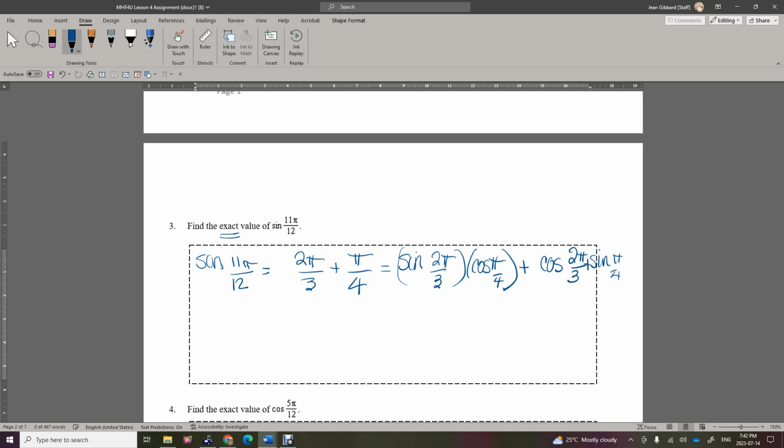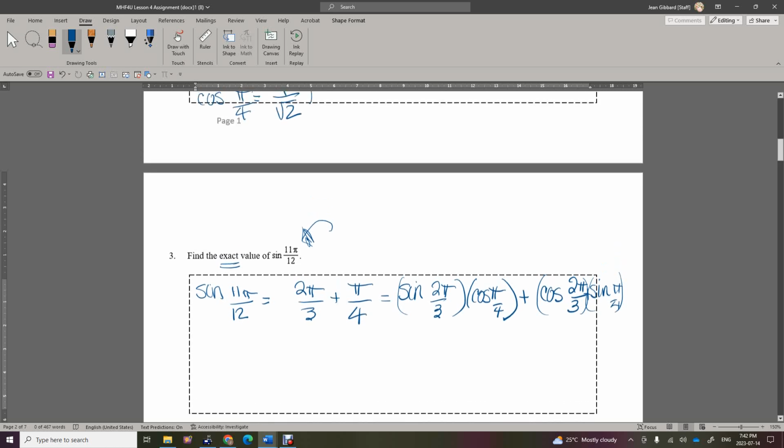Now you're going to say, well, where on earth did you get that formula? Well, we were given some formulas, or reference to some formulas, that break things down for us. And one of those is the sine of x plus y.